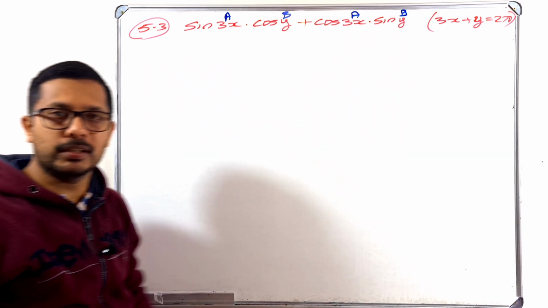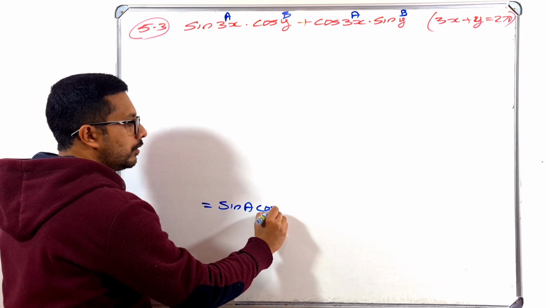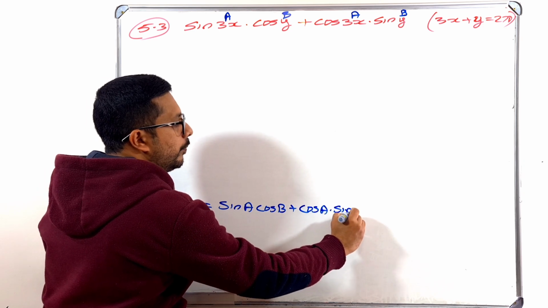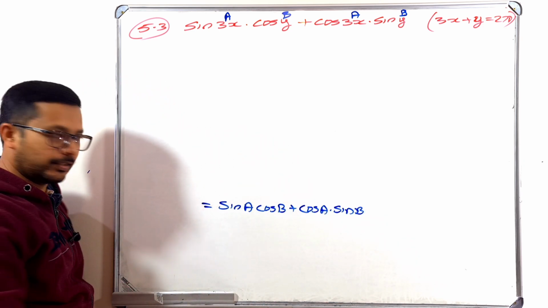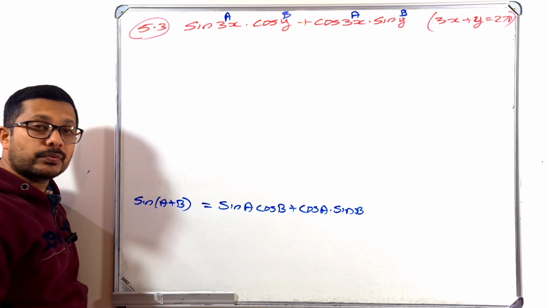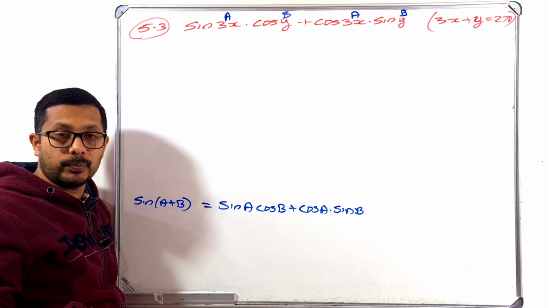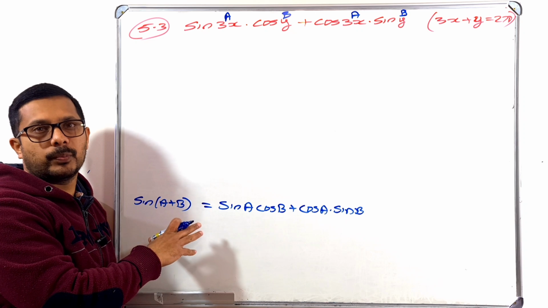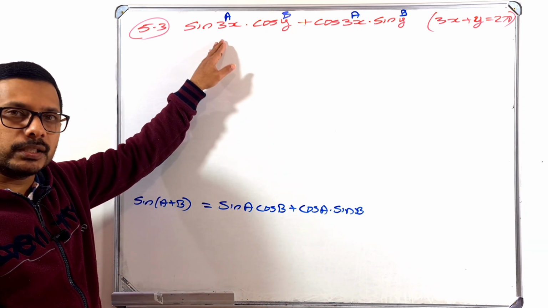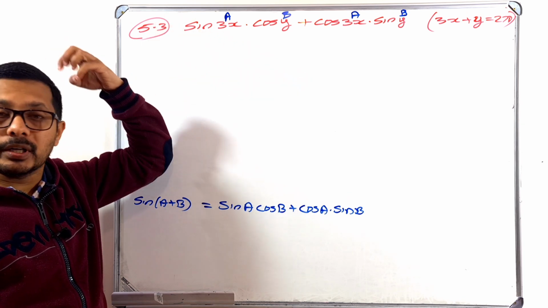Do you remember what is that one? Sine a cos b plus cos a sine b. This is sine of a plus b. Even though this formula is there at the back of your question paper, it is better to learn this formula by heart. Then when you see a question like this, you can compare it with the formula in your mind.